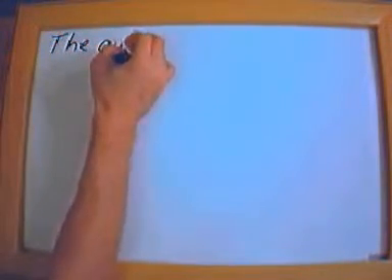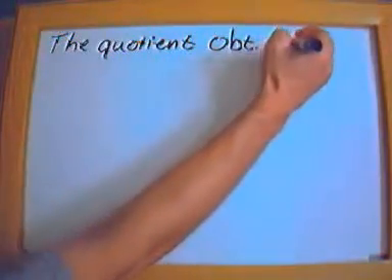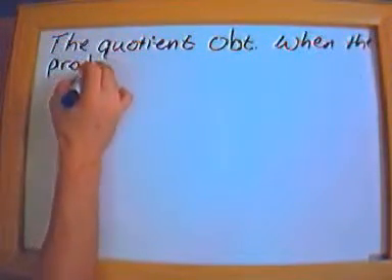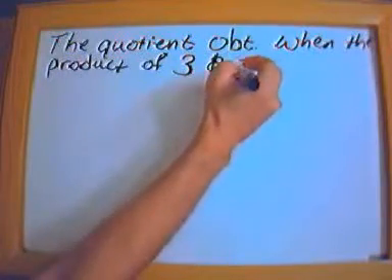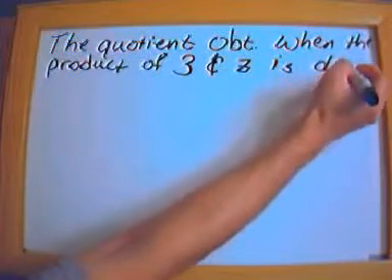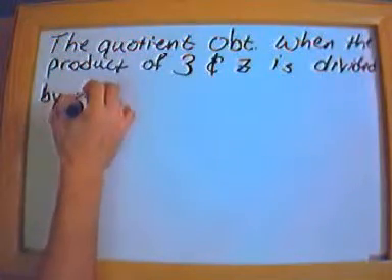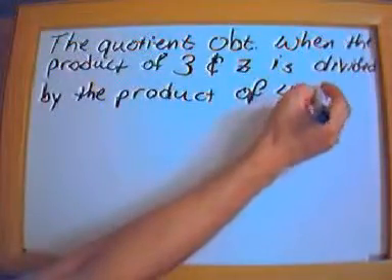So what if I had something that looked like, in a word problem, the quotient obtained when the product of 3 and z is divided by the product of 4 and x.